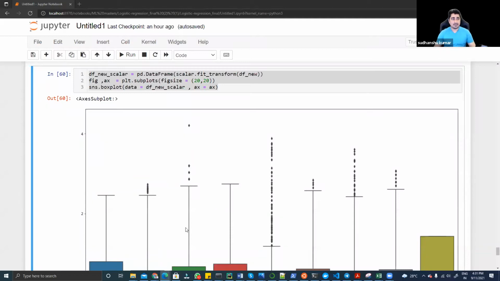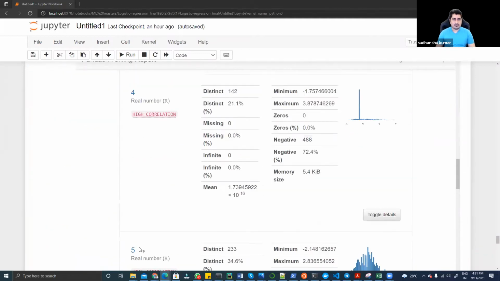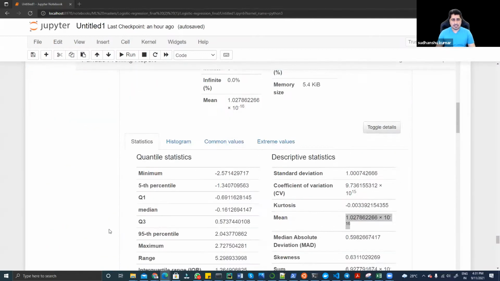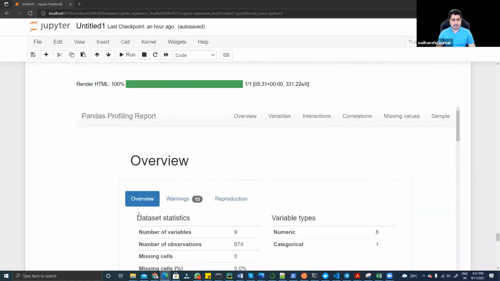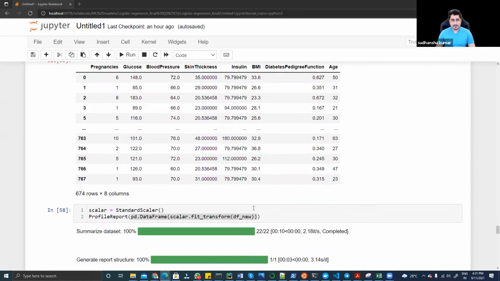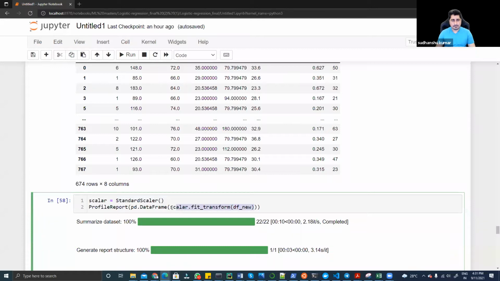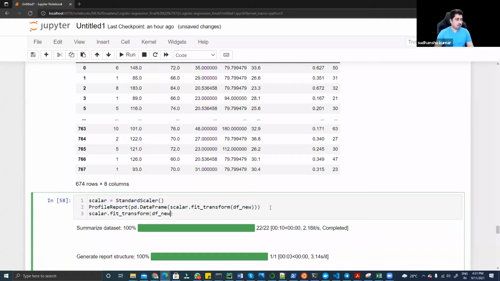So maybe we can store this data after doing the standard scaler, right? After scaling this one, we can store it. I think we have not stored this data. So maybe this is the df new.